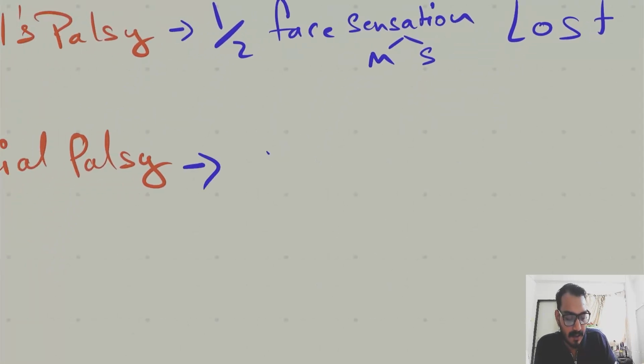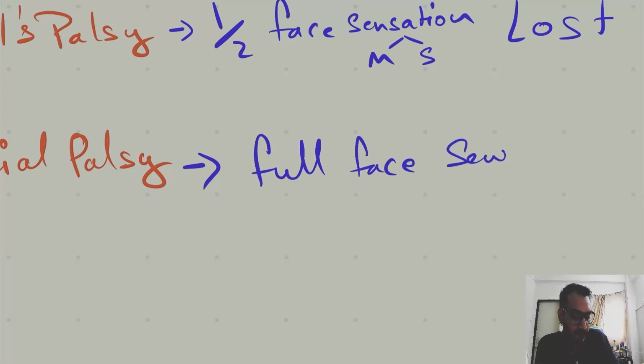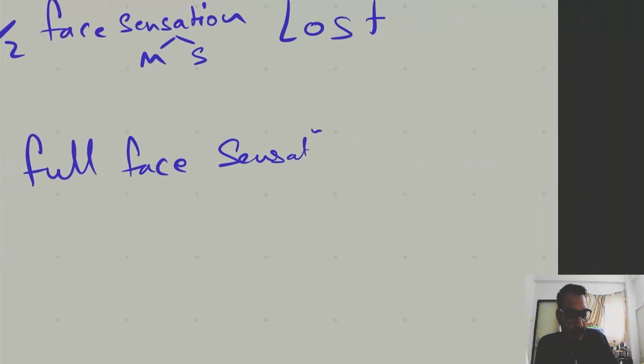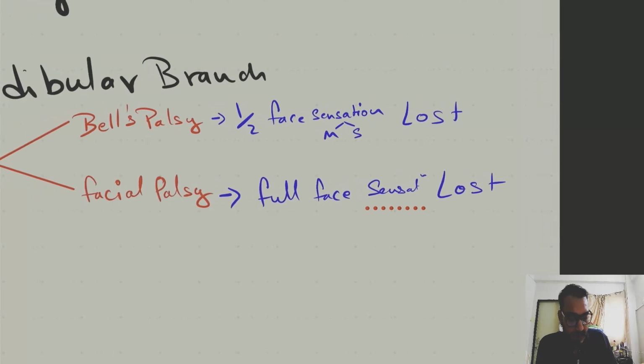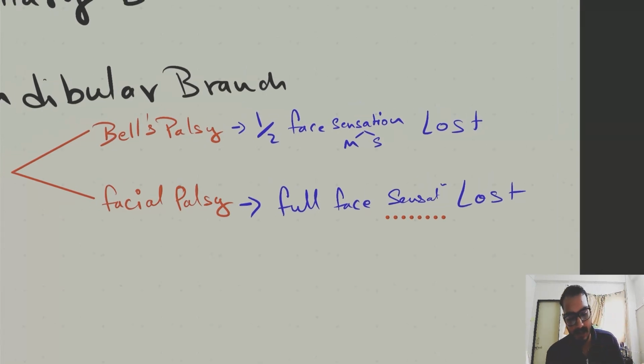In facial palsy, full face sensation will be lost. So, if you have injury on the facial nerve, you can have two kind of deformities. In Bell's palsy, half of your face sensation will be lost, and in facial palsy, your full face sensation will be lost.